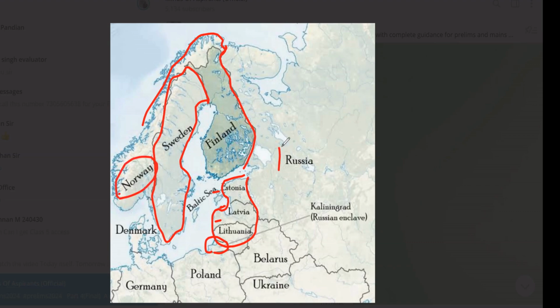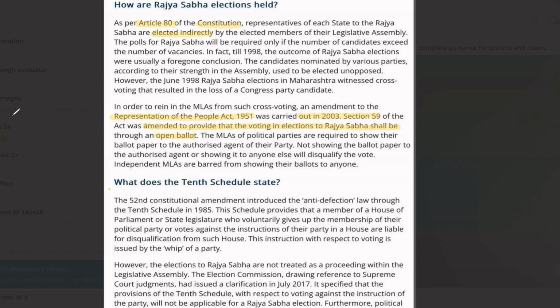In terms of Russia, there are two countries adjoining Russia which are not: Belarus is not part of NATO, and Ukraine has now given an admission that they want to be part of NATO. But in a holistic view, of Norway, Sweden, Finland, Sweden and Finland have become part now. Belarus, Ukraine are not part of it.